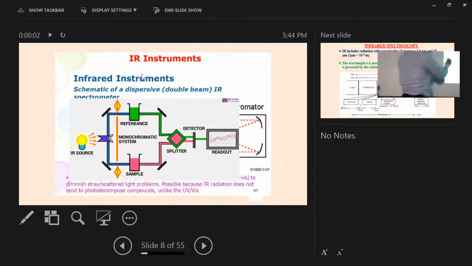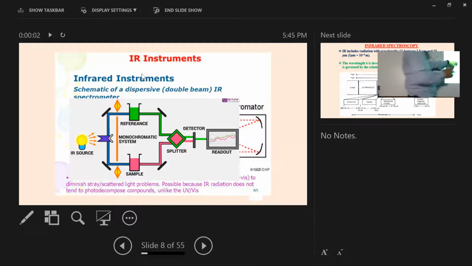If these are two wavelengths, and their phase, that means their shape and amplitude, everything is the same, in that case it can have a larger amplitude.